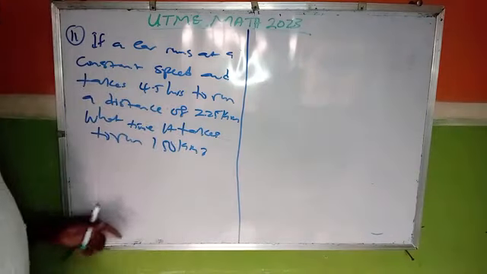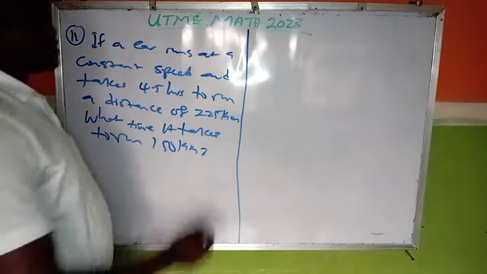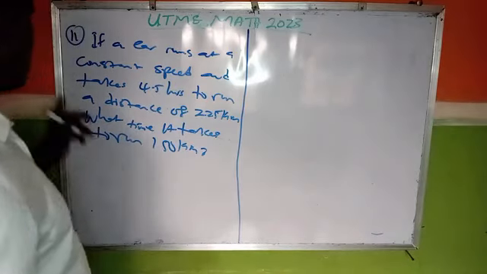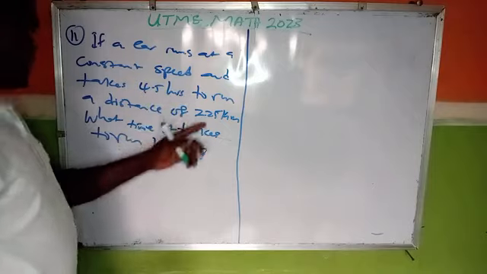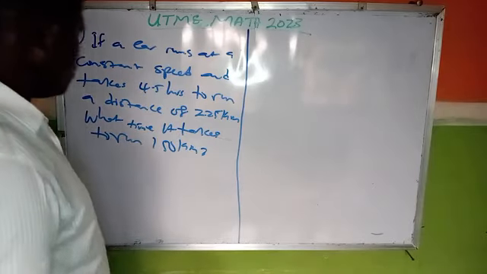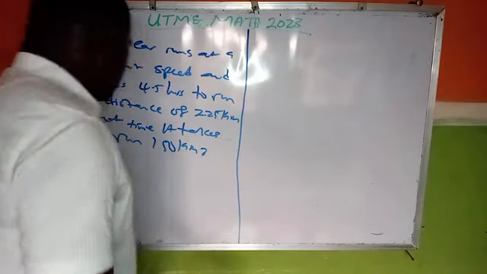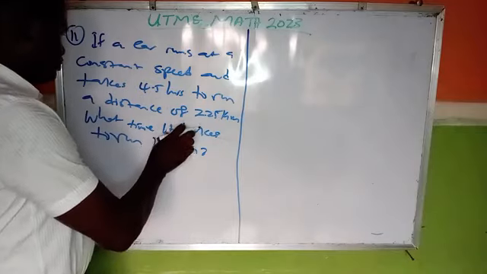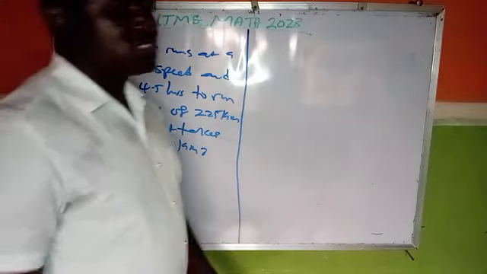Now here you have a car that runs at a constant speed and takes 4.5 hours to run a distance of 225 kilometers. What time does it take to run 150 kilometers?